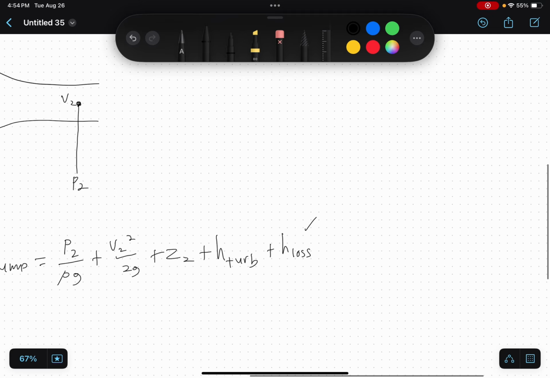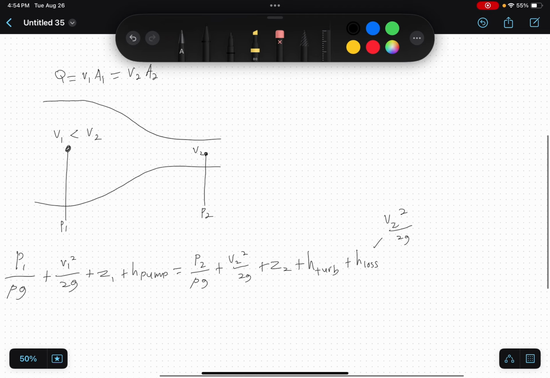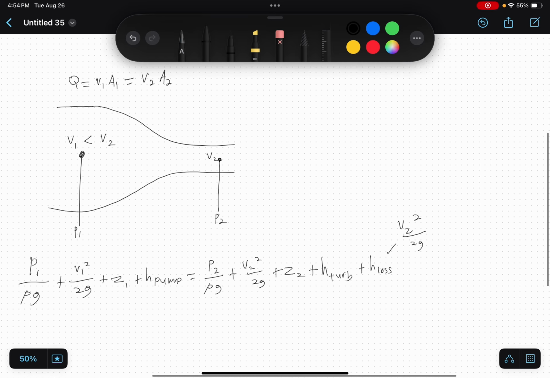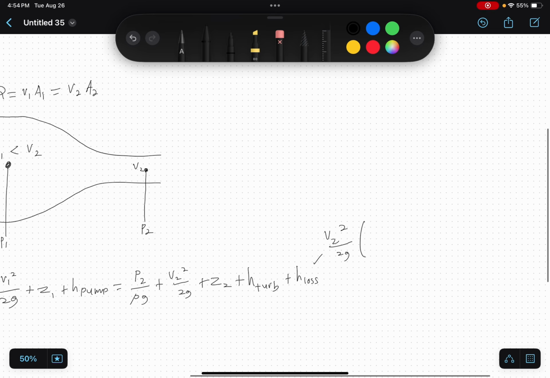And then the loss term, I'm going to assume it's V2 squared over 2g. Technically, you could use the average of V1 and V2 as the velocity in the head loss, and that'll probably be slightly more accurate, but the math is easier and it's not that big of a deal conceptually.